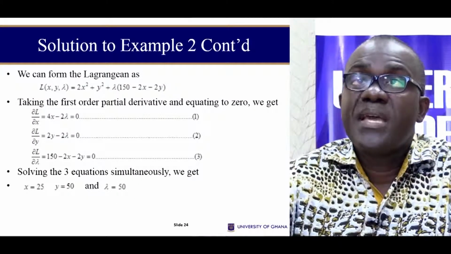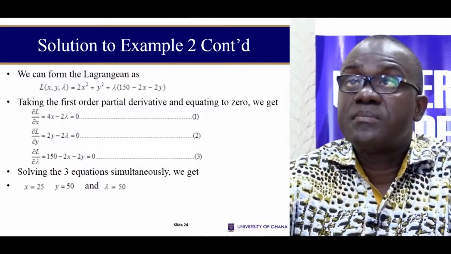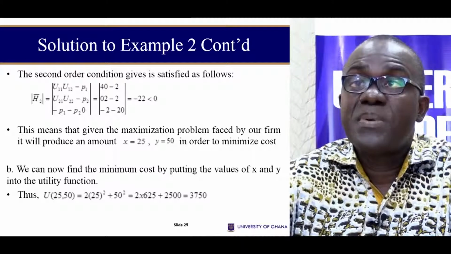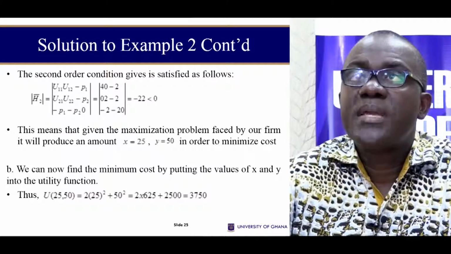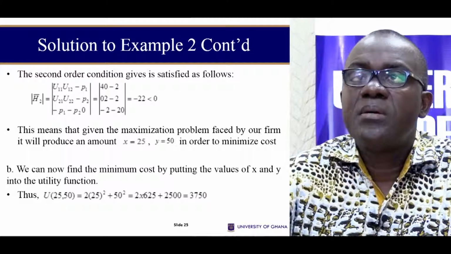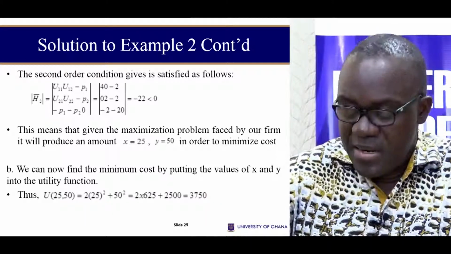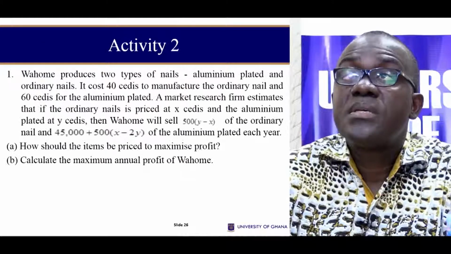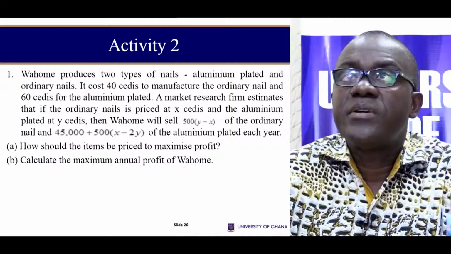So the example over here is also a constrained optimization, which as usual is applied to a specific firm, and then you can know how to discuss that. So you can take your time and go through this solution, and I have some activities here for you.